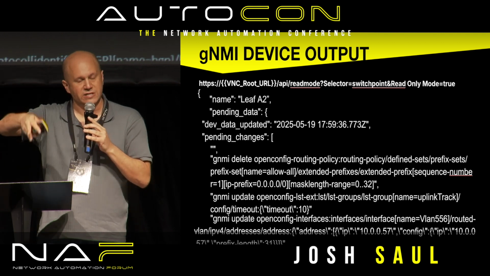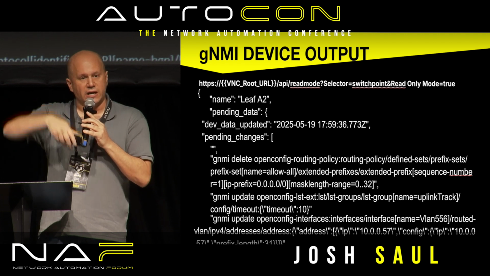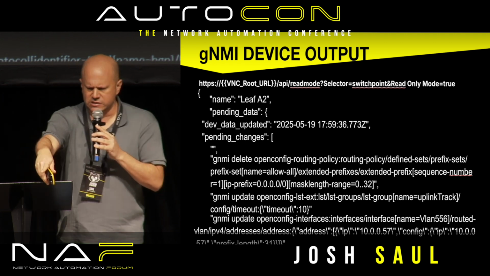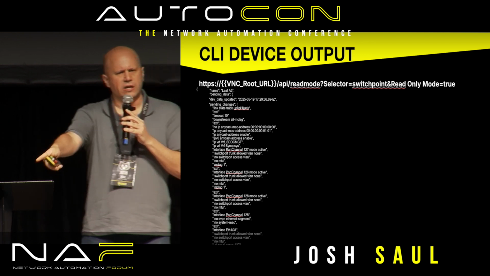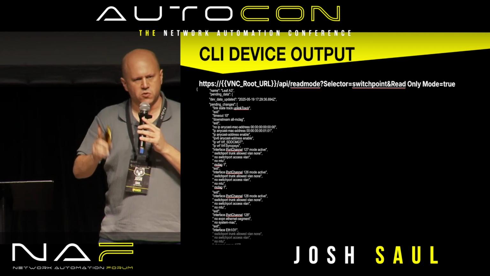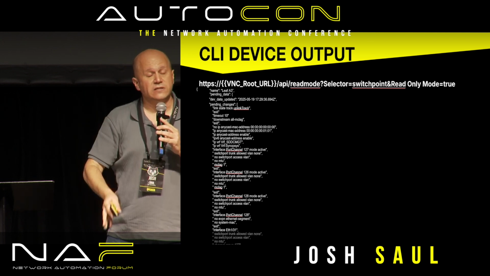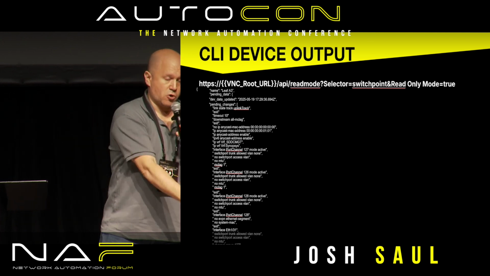And when you use tools to decode this, it starts to make a lot of sense. Using the same API, a different device, like this is Leaf A2, one other device would be Leaf A3, and this device is a CLI device.